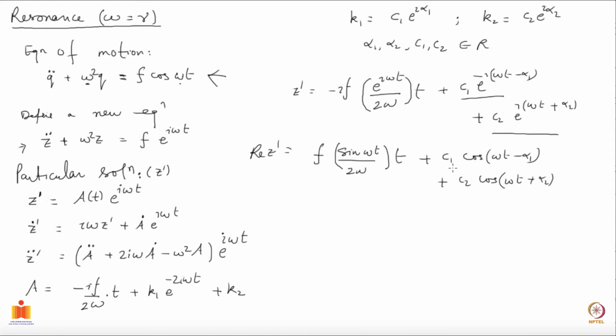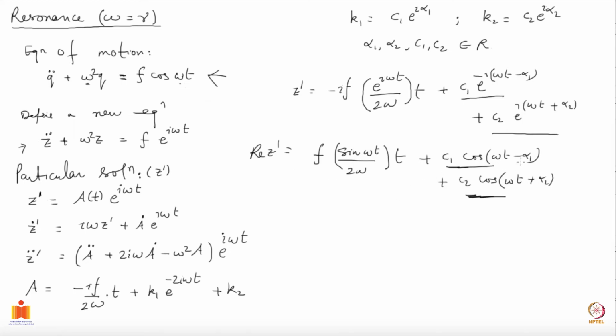Now you see these two terms, these are just cos omega t with some phase, and these are the solutions to the homogeneous equation associated with this non-homogeneous equation.